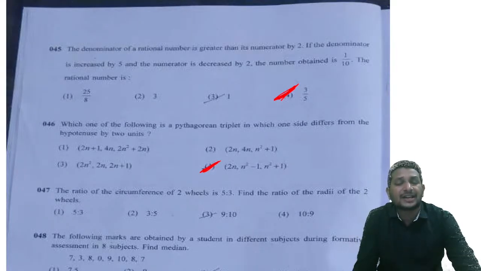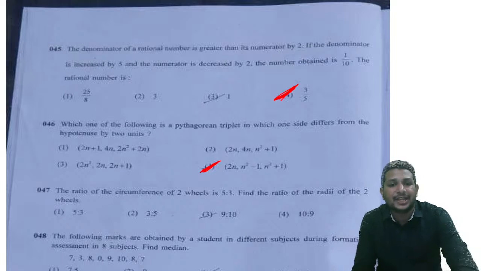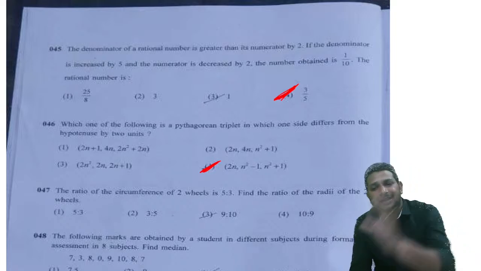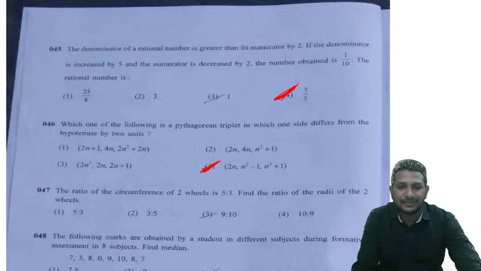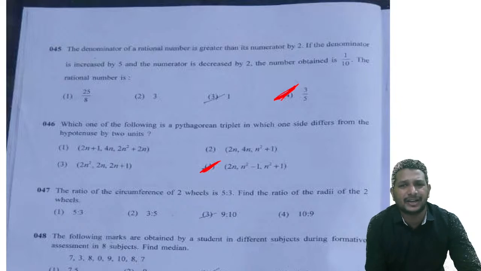The ratio of circumferences of 2 wheels is given, and we need to find the ratio of the radii. They gave the circumferences and are asking to find the radius. The circumference of a wheel is circular, right? The circumference of a wheel is 2 pi r. But for 2 different wheels, I'll take 2 pi r1 and 2 pi r2. Now they're asking us to find the radius ratio.